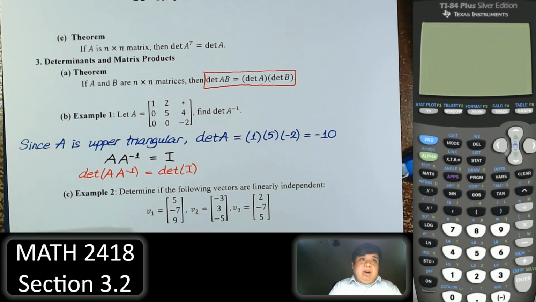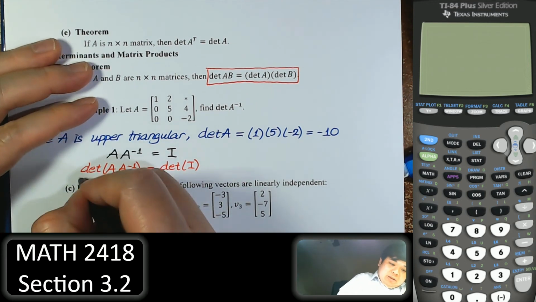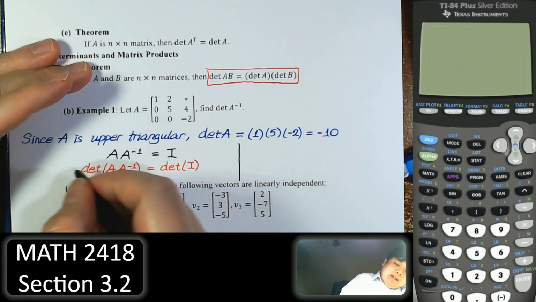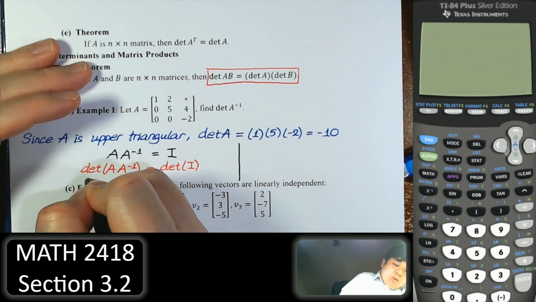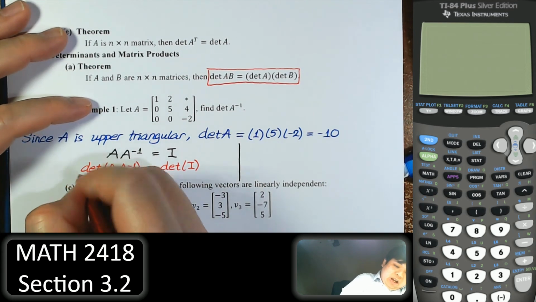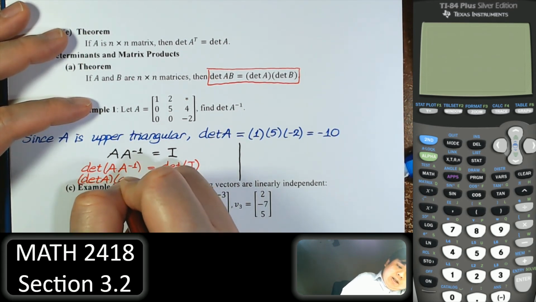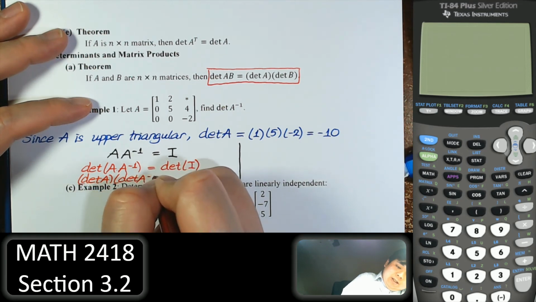Actually, we just take determinant on both sides. Now we use the properties of the one we just have. Determinant of A times A inverse, we can split that using the properties we have here. So that equals determinant of A times determinant of A inverse.